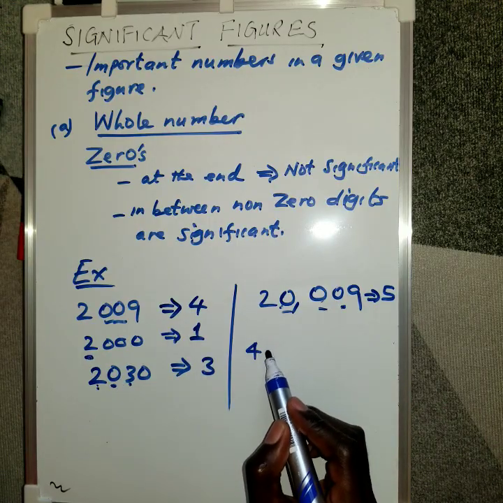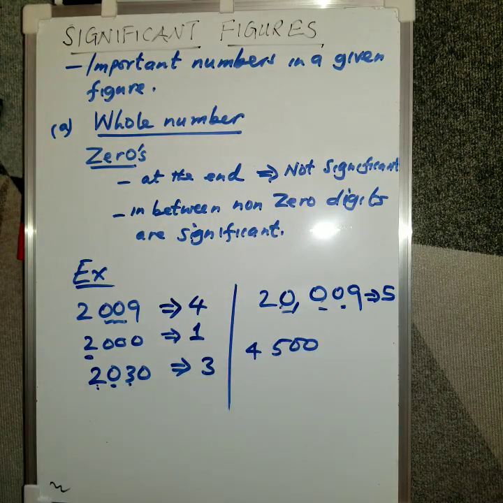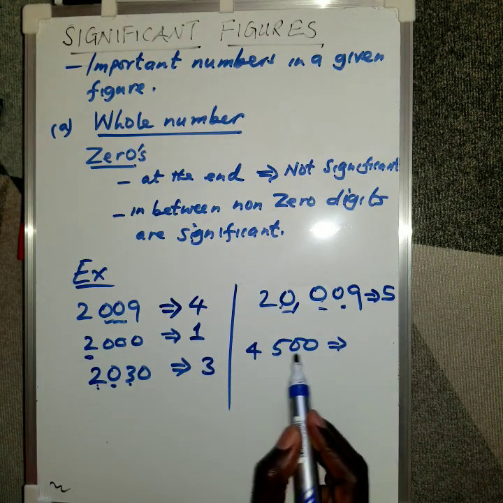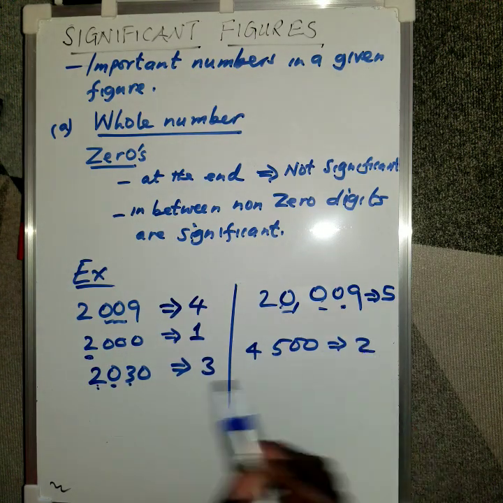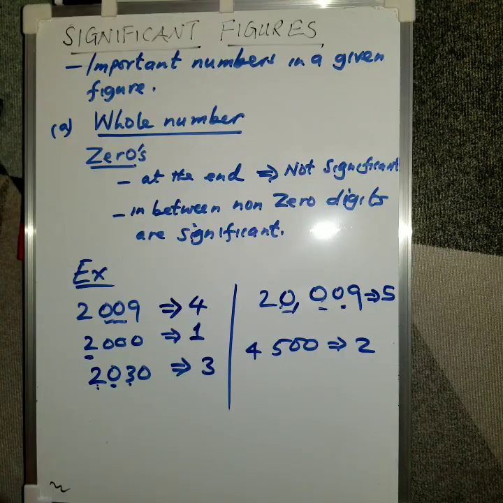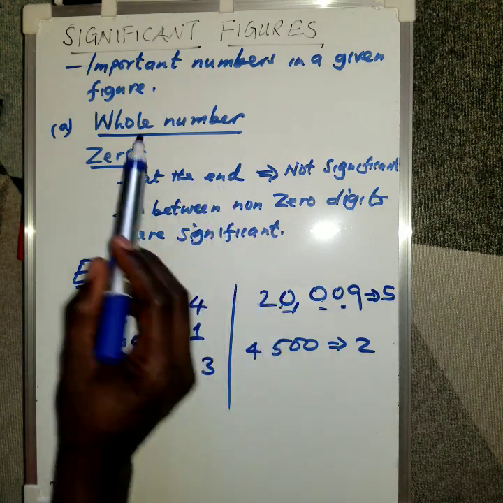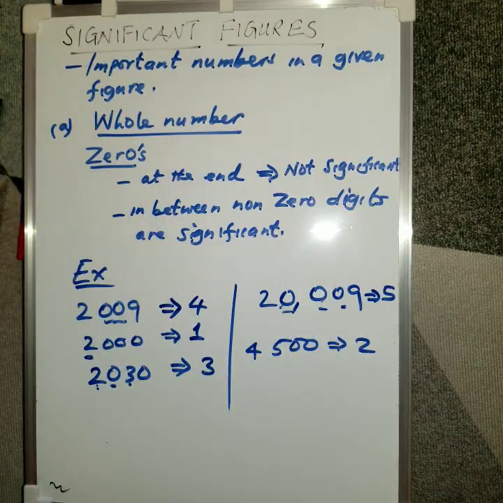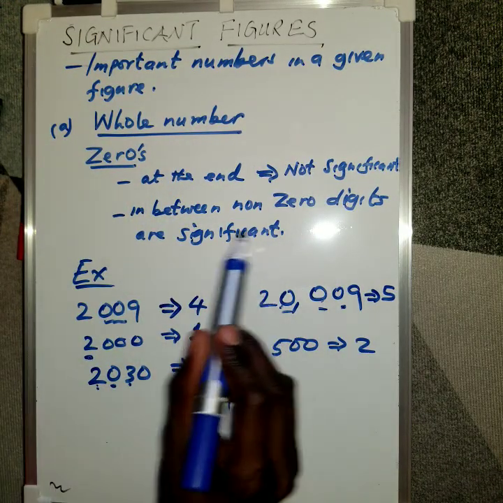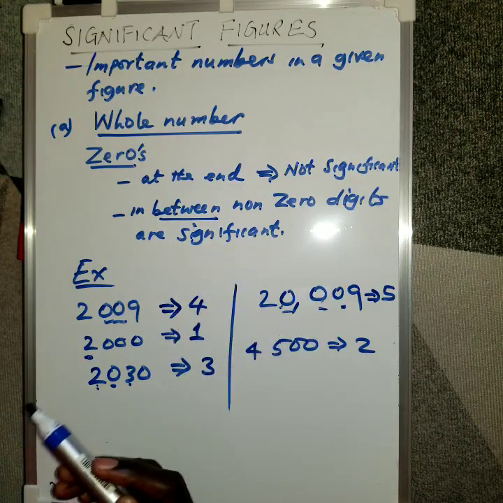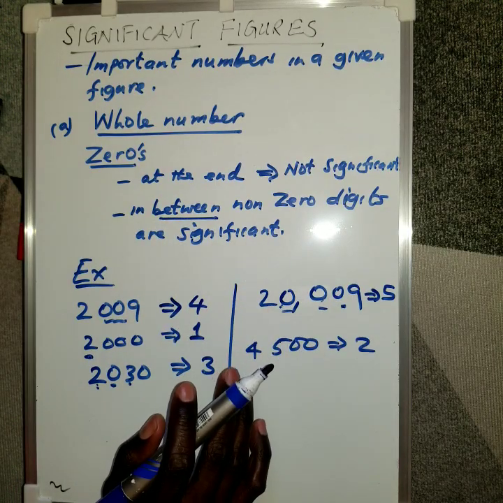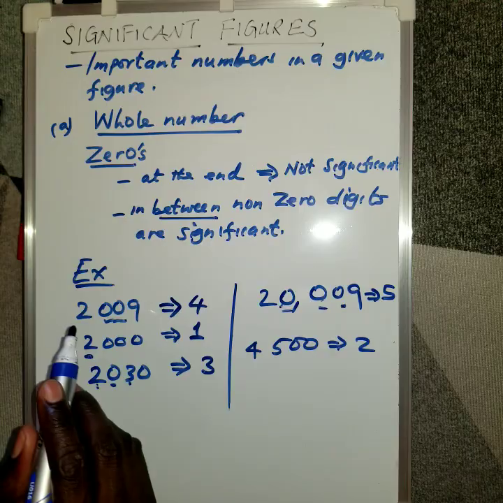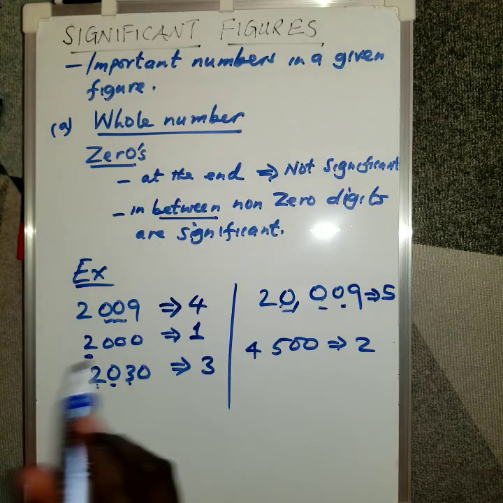What about if I have a 4,500? How many significant figures are there? Of course, these are not going to be counted. So there are only 2 significant figures. So that is what you need to remember. When the zeros are at the end of a whole number, we normally don't count them. They are not significant. But if the zeros are between two non-zero digits, then definitely you need to count them. So that is what happens in a whole number.